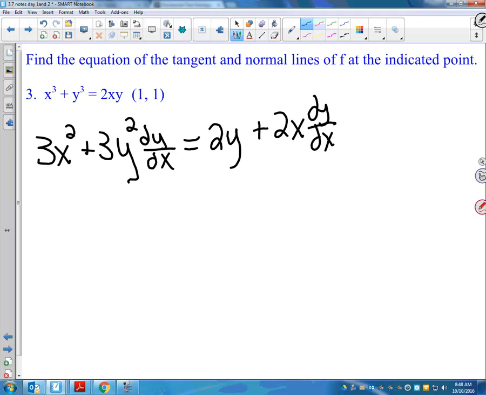Do you agree with this derivative? Like, so that's the calculus. Then all the algebra comes in.